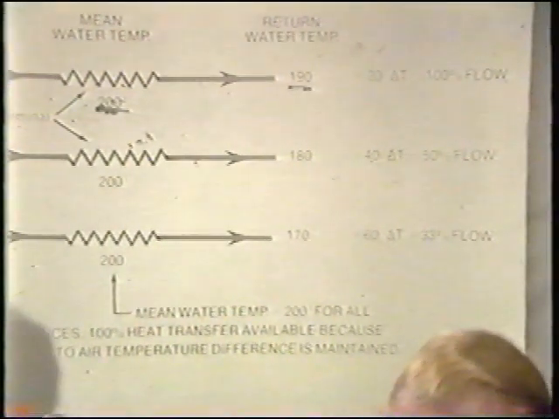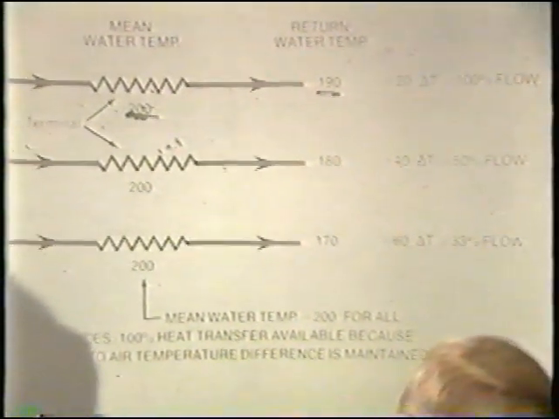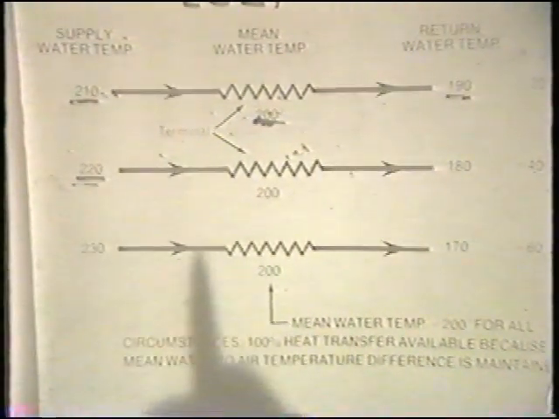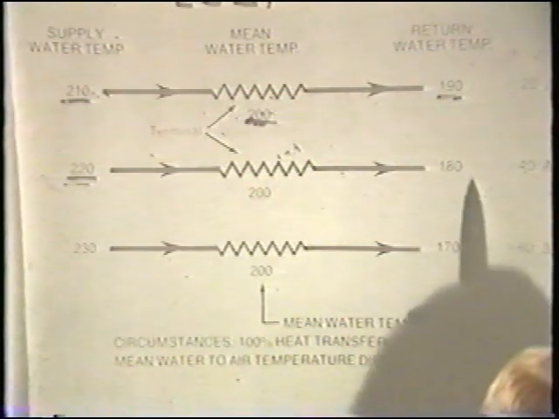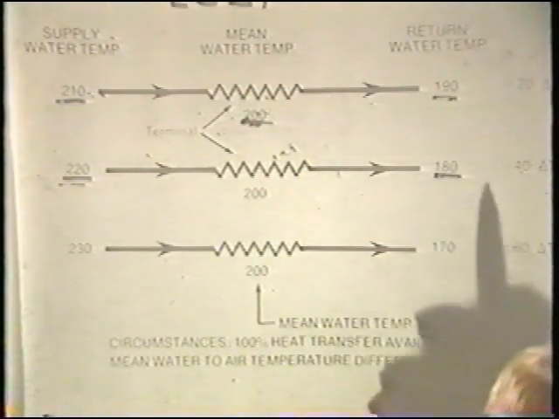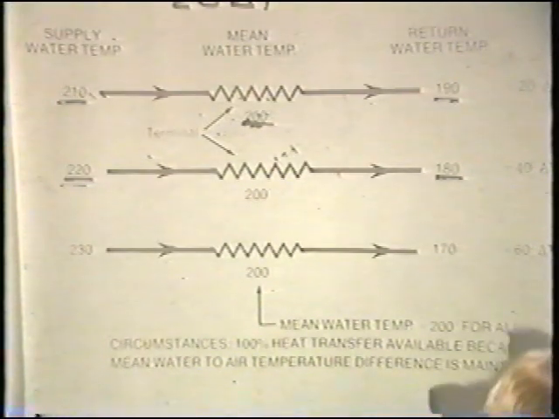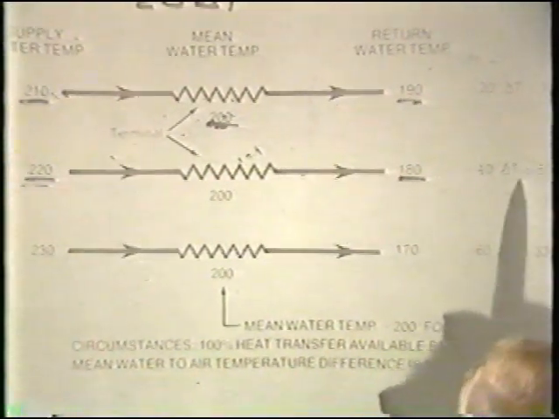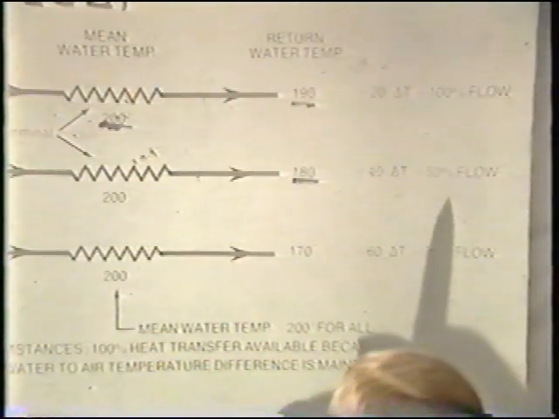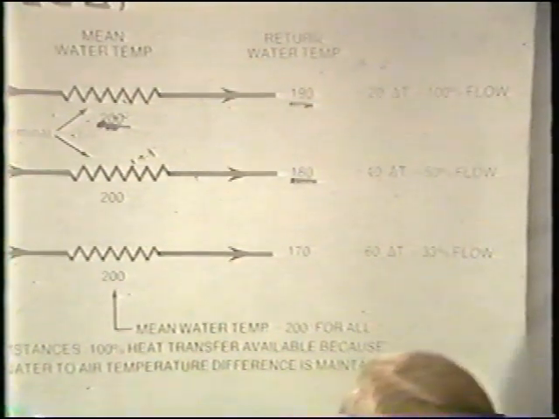Now, supposing that we were to increase supply water temperature by 10 degrees up to 220, decrease the flow rate, and provide an exit water temperature of 180 by decreasing the flow rate to 50% of design, or to a 40-degree temperature drop.